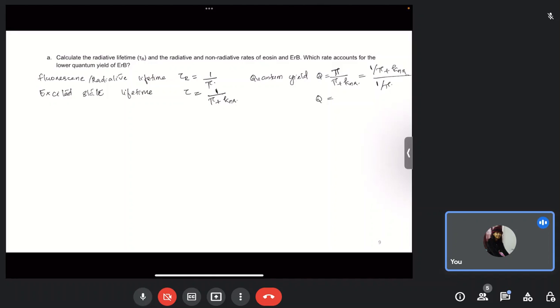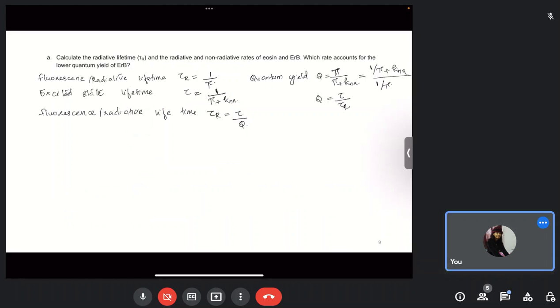So Q is equal to tau divided by tau r. Okay, so the fluorescence or radiative lifetime tau r can be written as tau by Q, where tau is the lifetime and Q is the quantum yield.